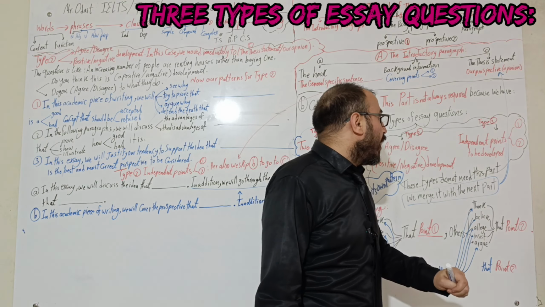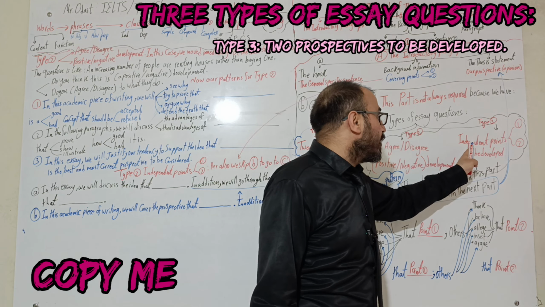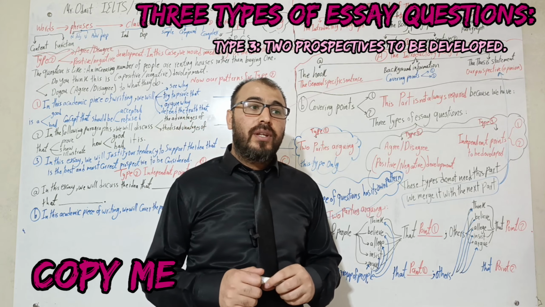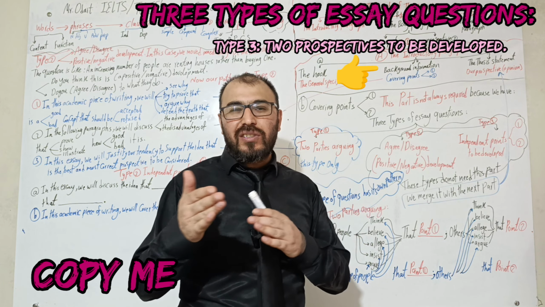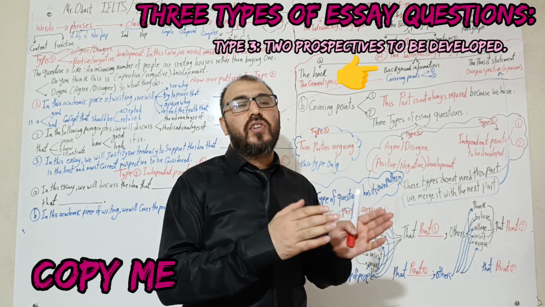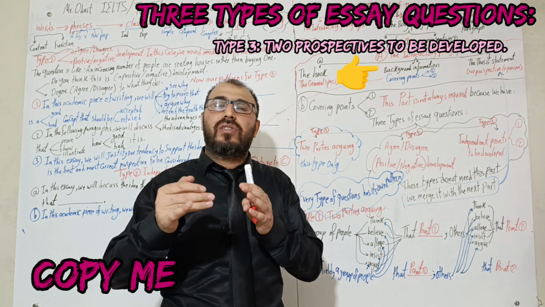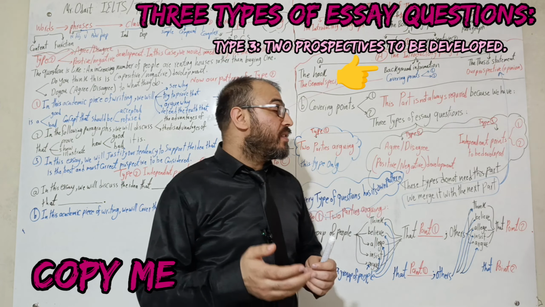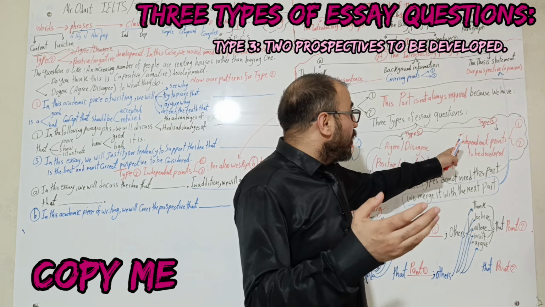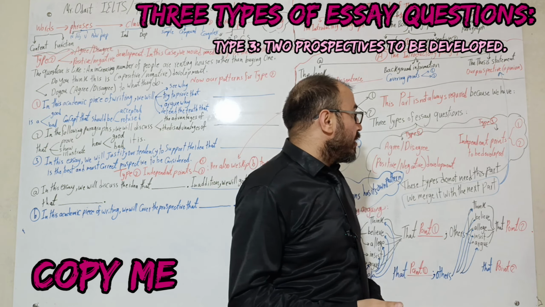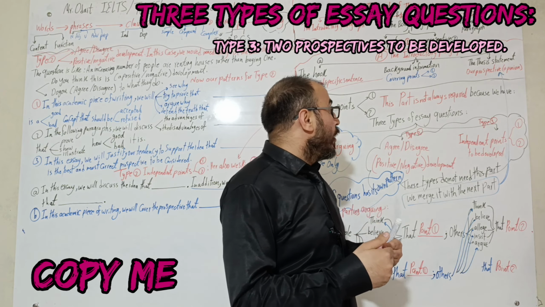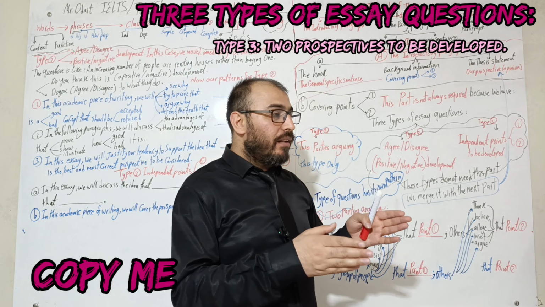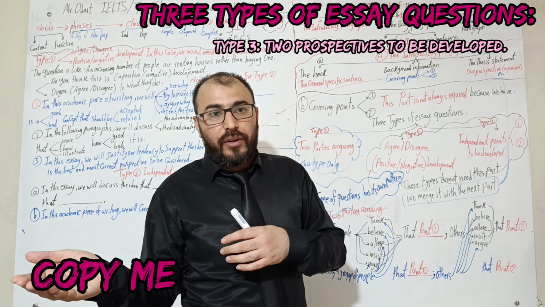And the third type is to discuss two independent points and to develop them. Here, we are generally not asked about our opinion. Generally, we are asked about the reasons and the results of specific phenomena. For example, the phenomenon could be renting houses. The question could be: an increasing number of people tend to buy a house, not to rent one.